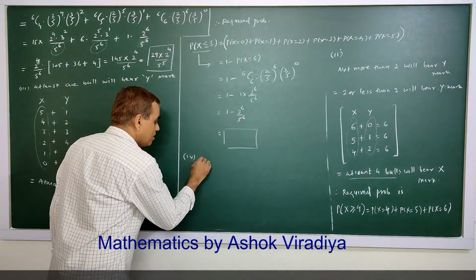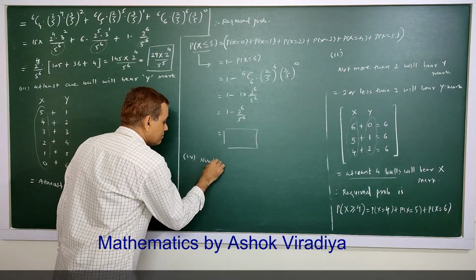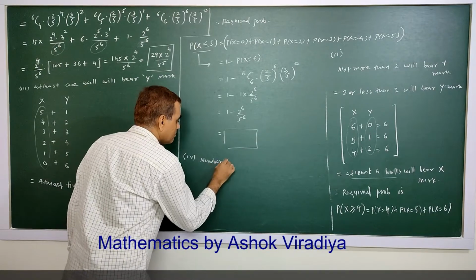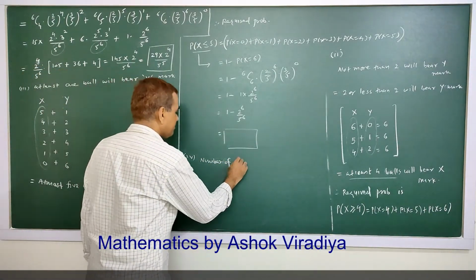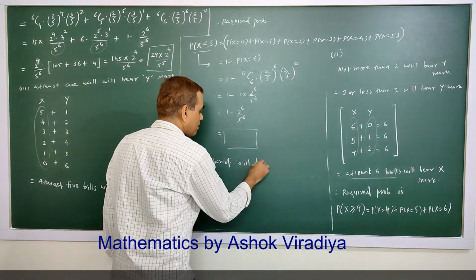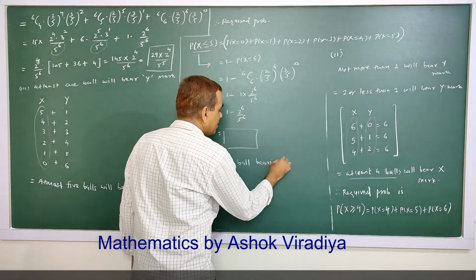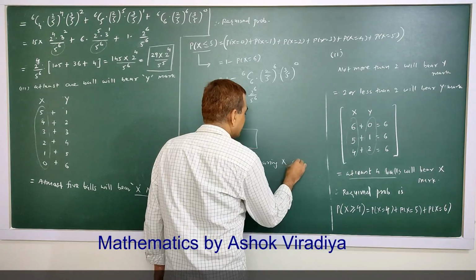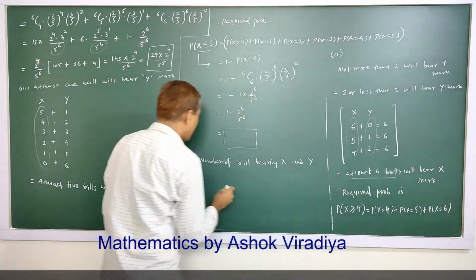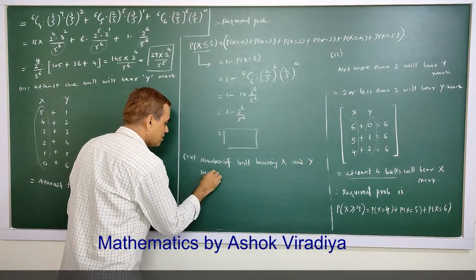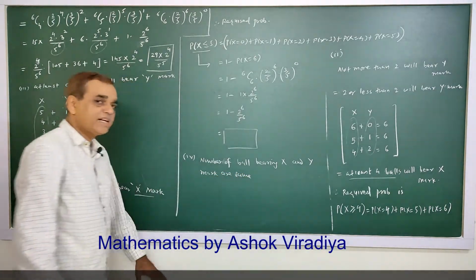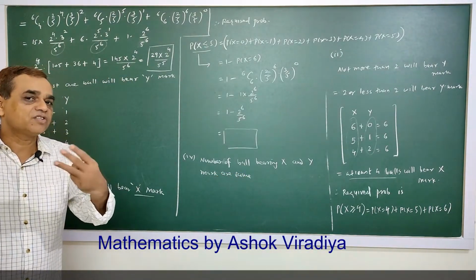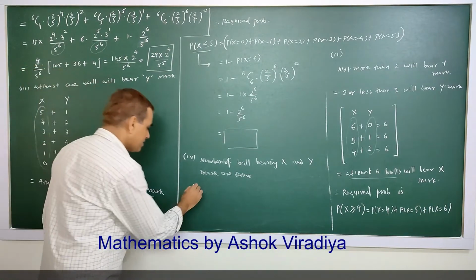So the number of balls bearing X and Y mark are same. That means both are of 3 number.